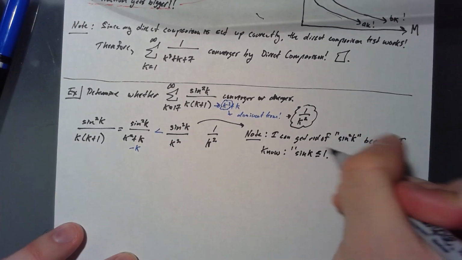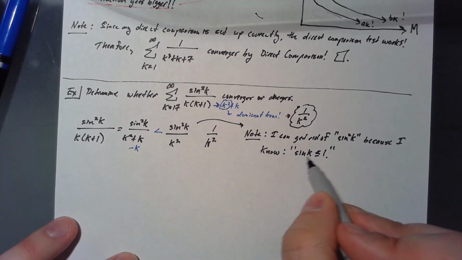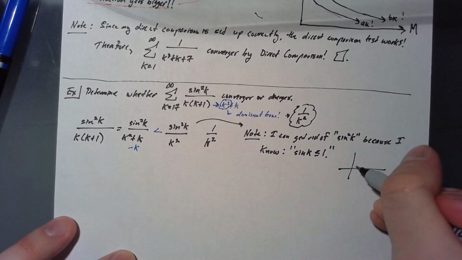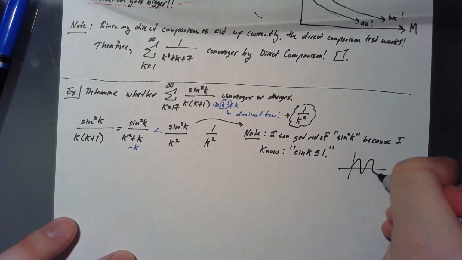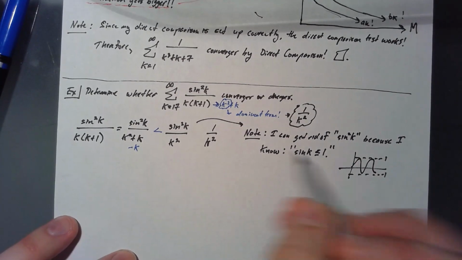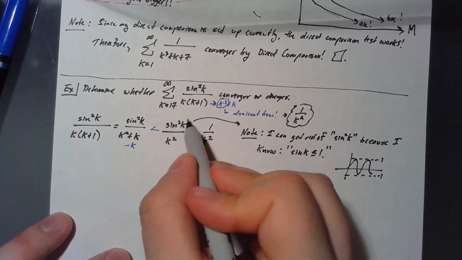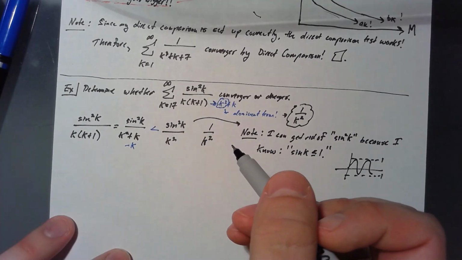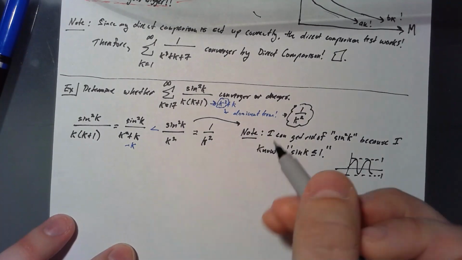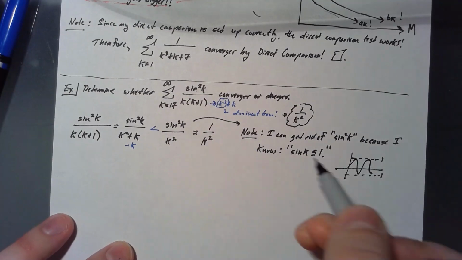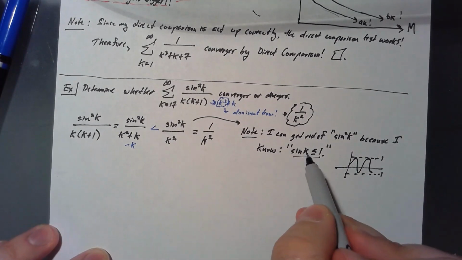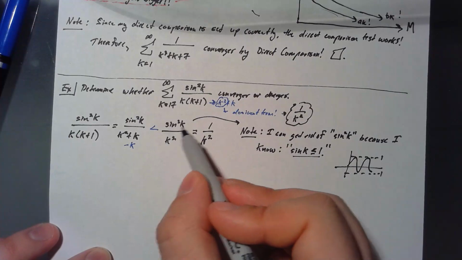This is the range of the sine function. So since I know this, I could just omit that and end up getting this. I could basically drop that and get this, and that's because sine of k is less than or equal to 1, so this just could become 1.